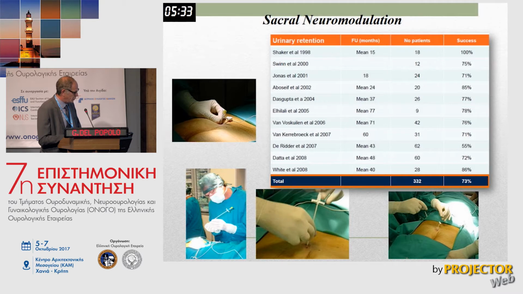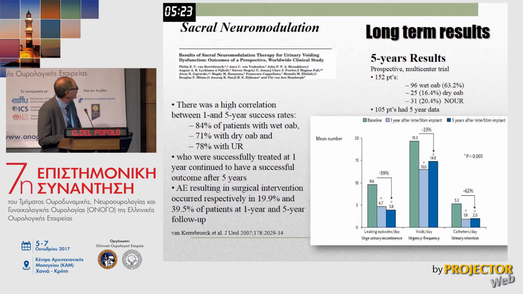You see that we have a lot of patients and a high rate of success, but these are just in the early stage. In the long-term results, we have this review by Van Kerrebroeck, and he showed that at 5 years, 78% of patients with urinary retention had good results.